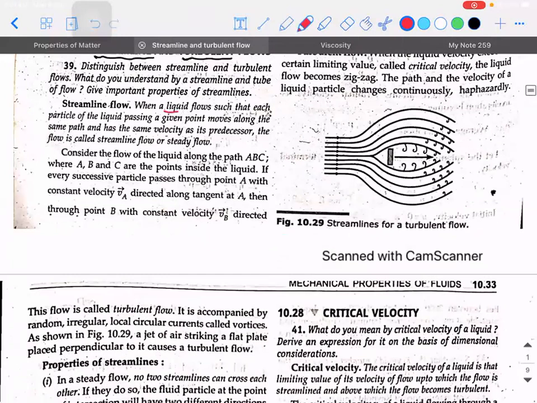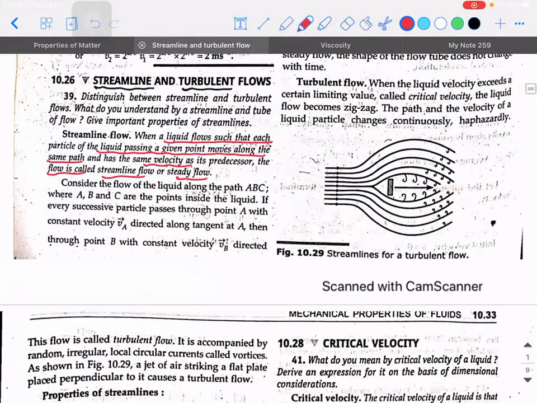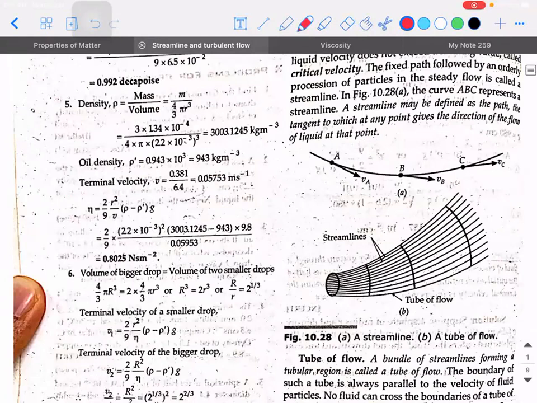That is, when a liquid flows such that each particle of the liquid passing a given point moves along the same path and has the same velocity as its preceding particle, then that flow is called streamline flow or steady flow. In this chapter, our main concept of discussion will be streamline or steady flow. If this fails, then that is what we call a turbulent flow, right?